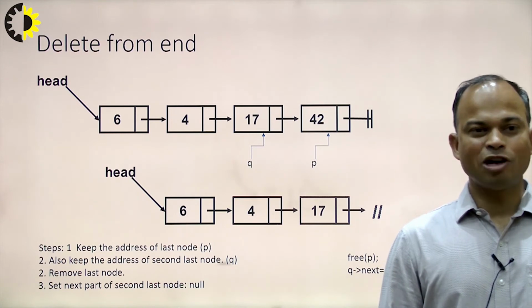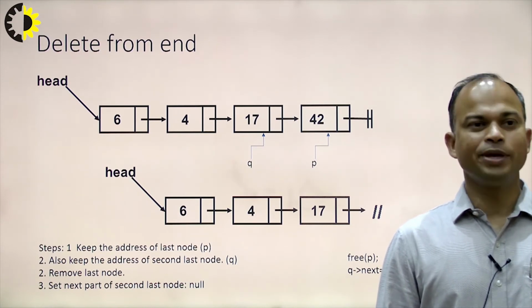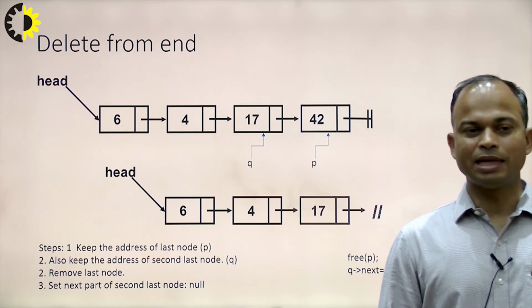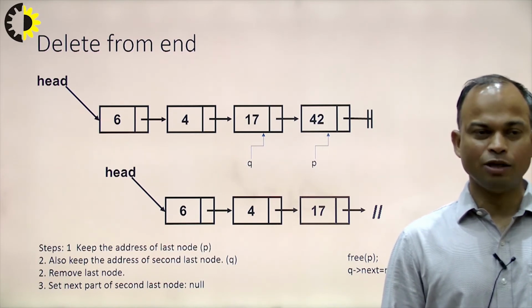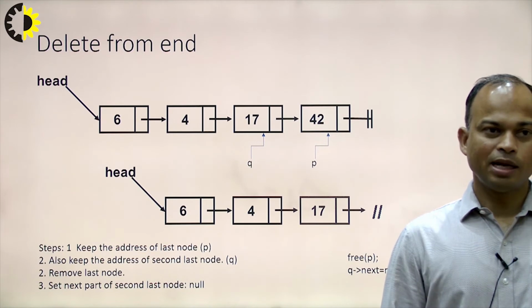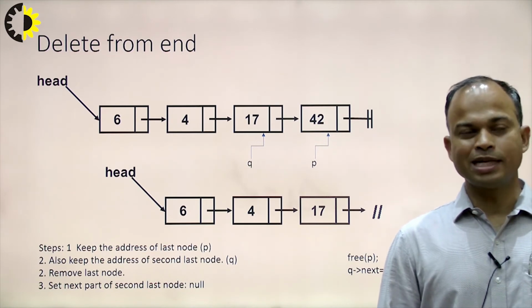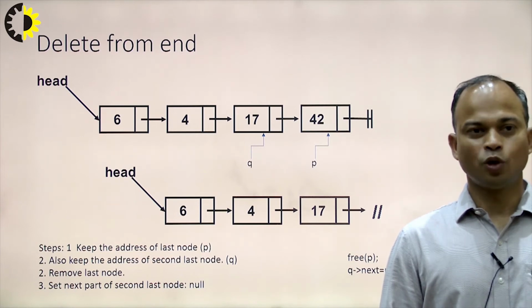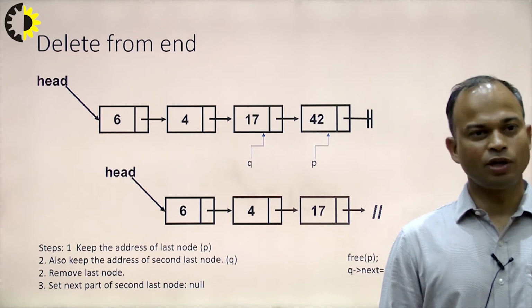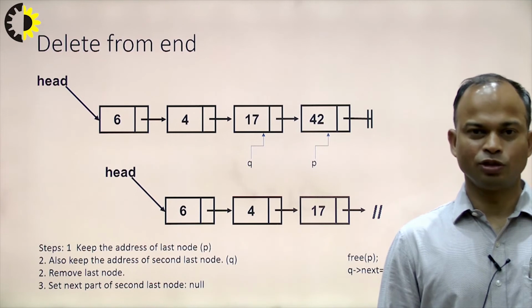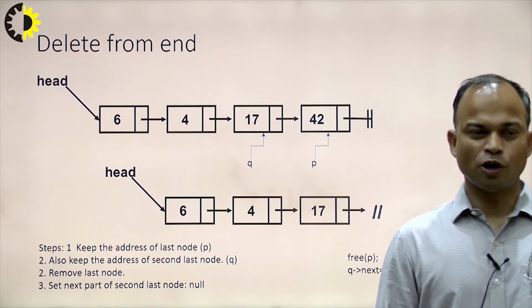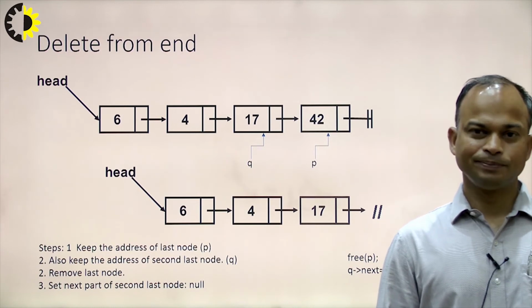And this is the last delete operation, delete from end. We have two diagrams. At the top we have 4 nodes, and the second diagram consists of 3 nodes. We want to delete the last node, the node where the value is 42. This is the 4th node, and we want to delete it. The procedure is very simple.